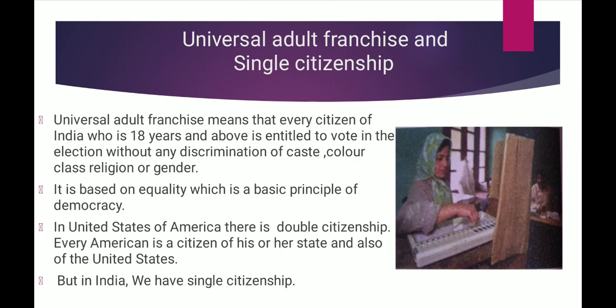Universal adult franchise, the right to vote, was granted in 1950 to every citizen of India above the age of 21 years. But the 61st Amendment in 1988 lowered the age from 21 to 18.